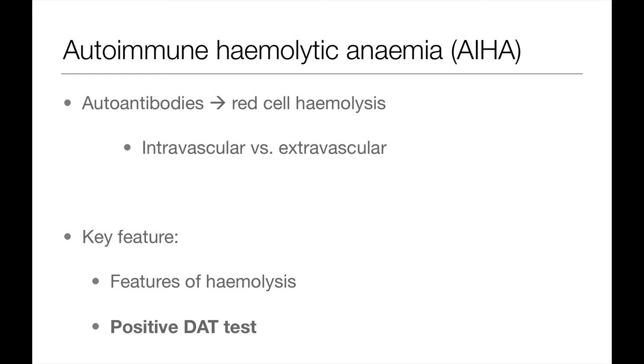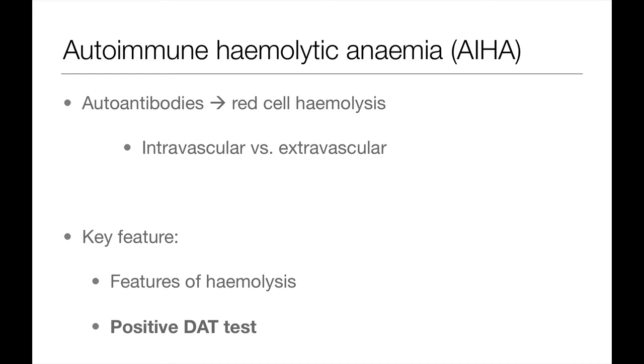The red cells themselves hemolyze both intravascularly and extravascularly, most commonly in the spleen. In this group of patients, there's often a history of other autoimmune conditions, such as thyroid disease, lupus, rheumatoid arthritis. Occasionally, however, this condition may also be seen with drugs and other lymphoproliferative disorders.